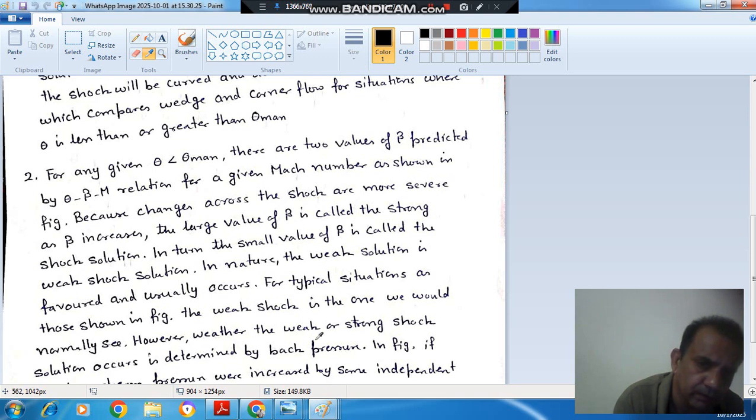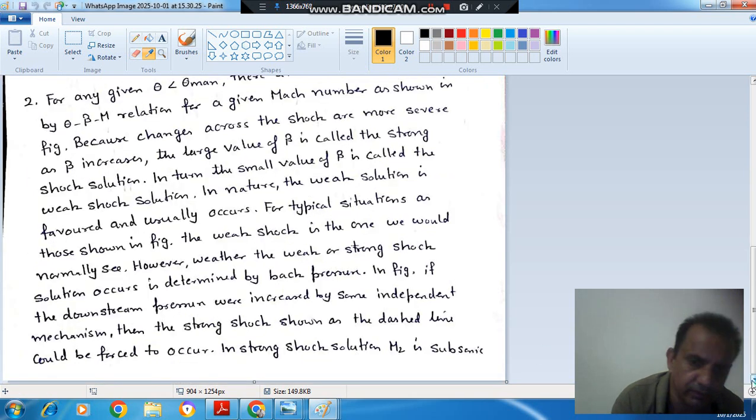However, whether the weak or strong shock solution occurs is determined by the back pressure. So it is determined basically by the back pressure whether the weak solution occurs or the strong shock solution is preferred.